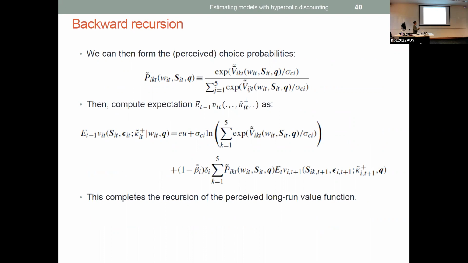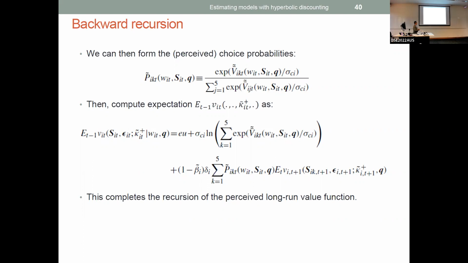So the P's are computed. And then we complete the backward recursion by taking expectation of V at period T minus 1. So this is the Bellman surplus, and we have already seen all of that.